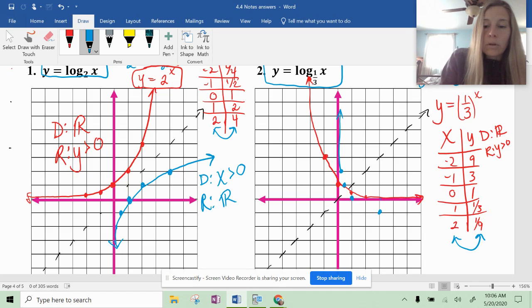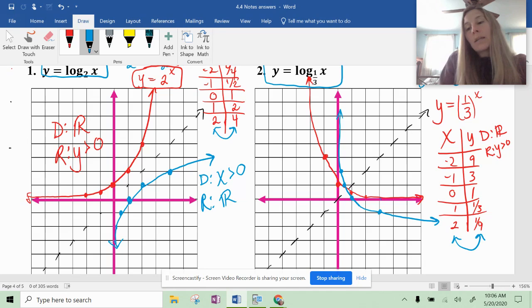And then it's going to look something like this. Okay, so you can see it's not that the original and the inverse are on opposite sides of the line of reflection, but it still is going to reflect over that. So if you folded your paper on that line, the blue and the red graphs would line up on top of each other.